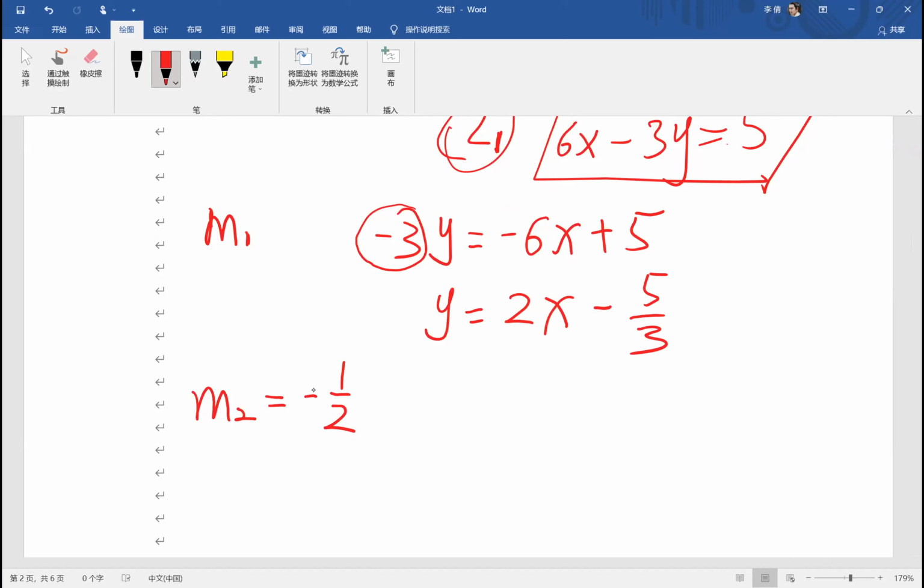Because m sub 1 in this line is equal to 2, right?